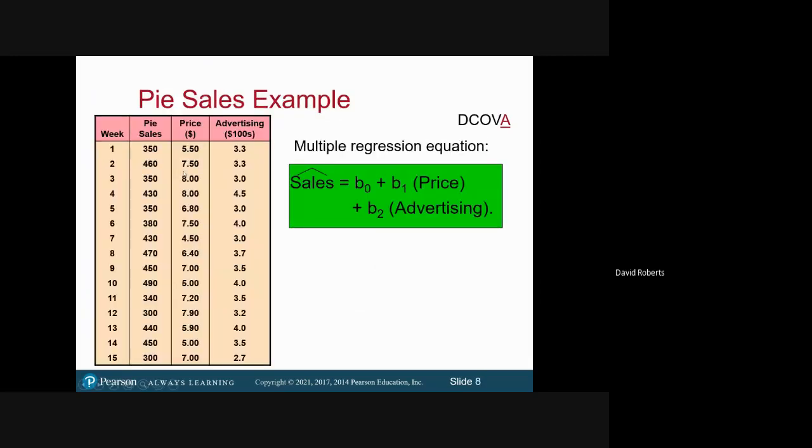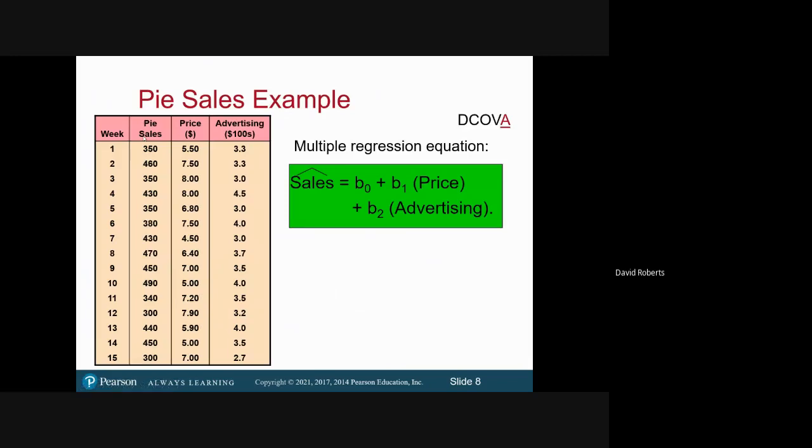We've got the data. It looks a lot like before, except now we have the y variable, the pie sales. Our first x variable is the price of the pie, and then we have the advertising. So we have B1 and B2. And by the way, it doesn't matter which order you put it in. That just happens to be the order of the columns, except the y-intercept is almost always presented on the left.